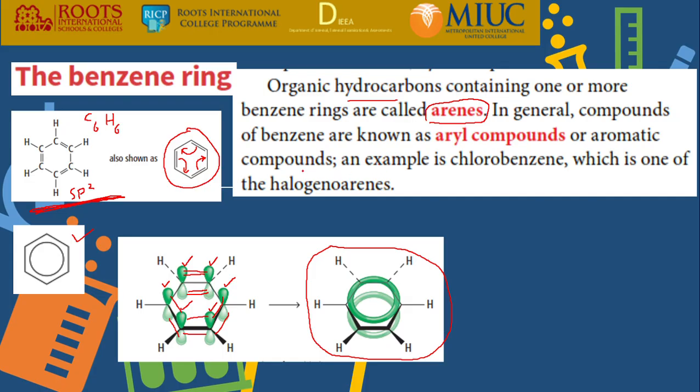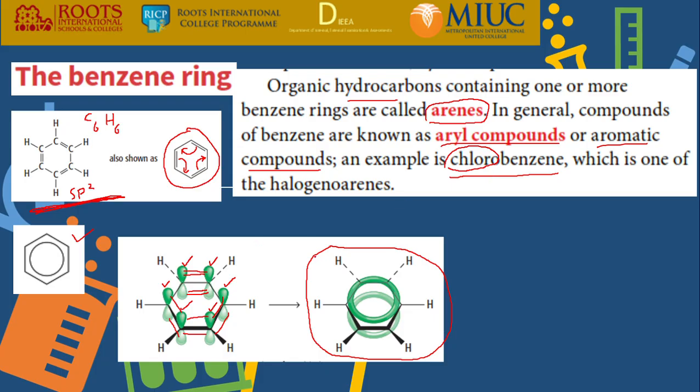In general, compounds of benzene are known as aryl compounds or aromatic compounds. Traditionally, we used to say aromatic compounds. So, all those compounds which are derived from benzene ring, it is possible some other atom may join here, like oxygen, chlorine, bromine, or sulfur. For example, chlorobenzene. As the name is telling us, a chlorine atom is going to be added to benzene.